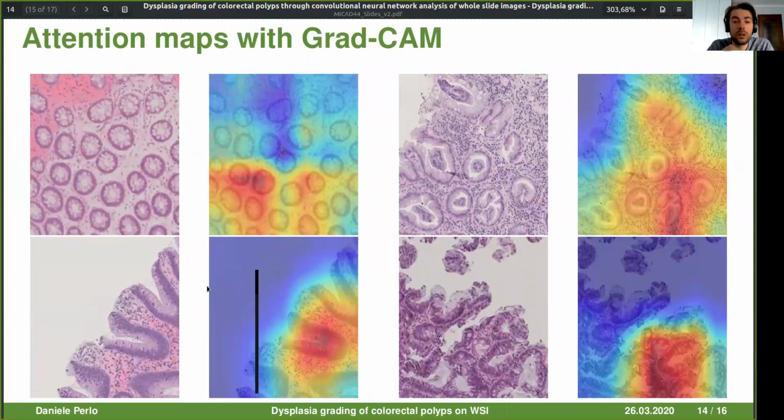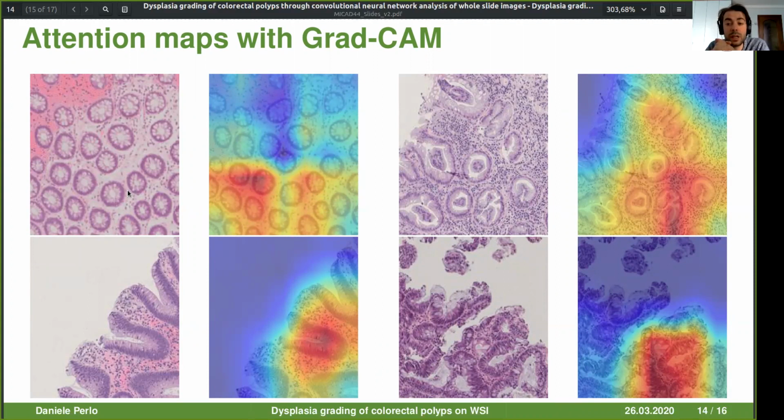We also validated our model with our pathologists by showing them the attention map of the neural network that is taken with the GradCam algorithm on the patches. We can see, for example, for hyperplastic polyps, in the top right corner, that the network is focusing on the serrated gland.